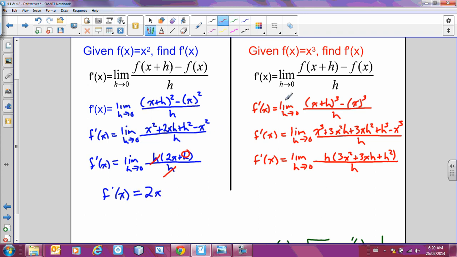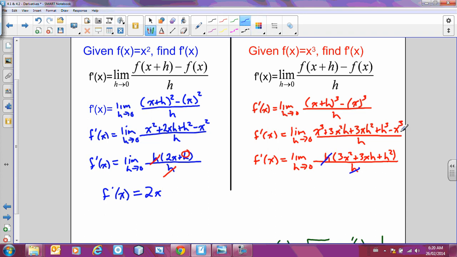Now, before we look at that too deeply, let's finish up this one. x cubed: now, I have x plus h cubed minus x cubed. I've expanded that out. If you needed to, you could do it off to the side, but you won't have to do it. This is the expansion of x cubed, as was the case last time, and as is always the case.